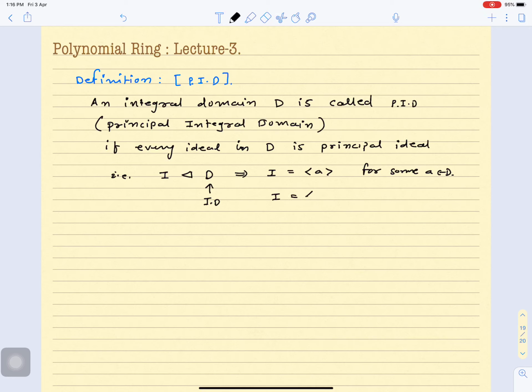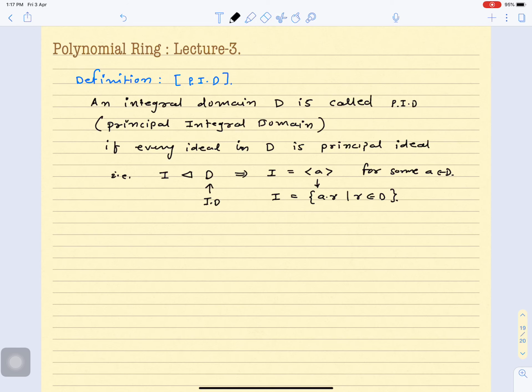I is the ideal generated by a. This means it will be of the form a times r, where r belongs to D. We know that this is an ideal, and it is called the ideal generated by a. So if you consider any integral domain, and any ideal of the integral domain is generated by a single element, then it is called a principal integral domain.